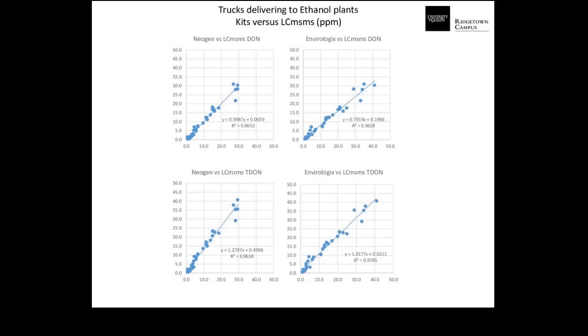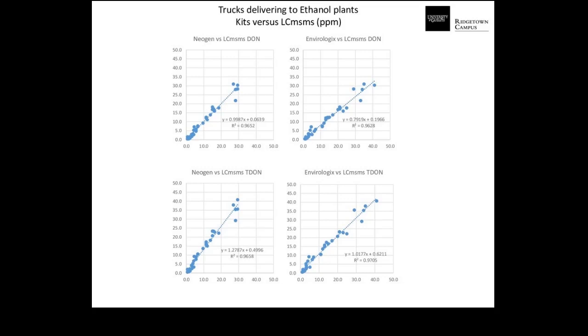On the other hand, if you look to the graph on the right, you can see that the coefficient was 0.79. And so what that means is that the Envirologics was actually testing 20% higher than the LC-MS pure DON test.